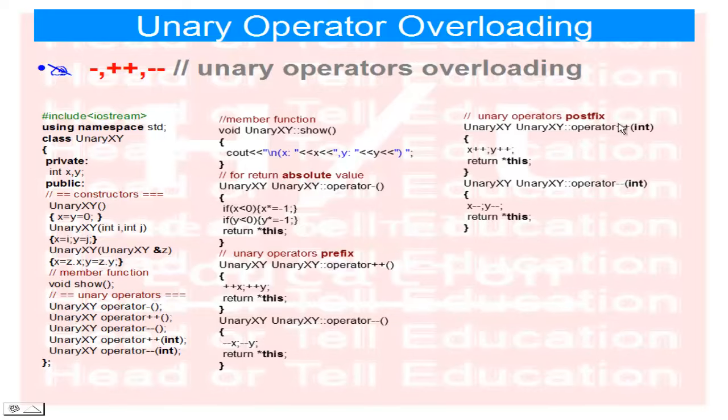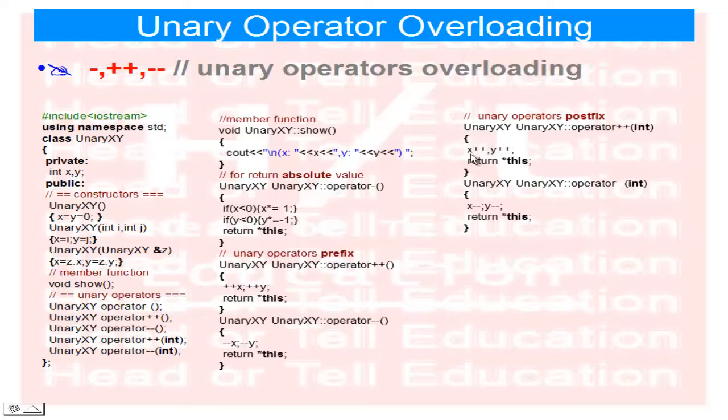Postfix operator. So for postfix we use a difference, because here I am passing an integer parameter for postfix, because the compiler is required to know whether the increment operator is prefix or postfix. So in postfix there is a little bit of difference, passing the parameter.